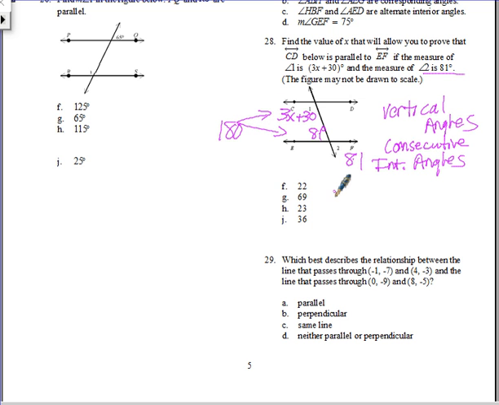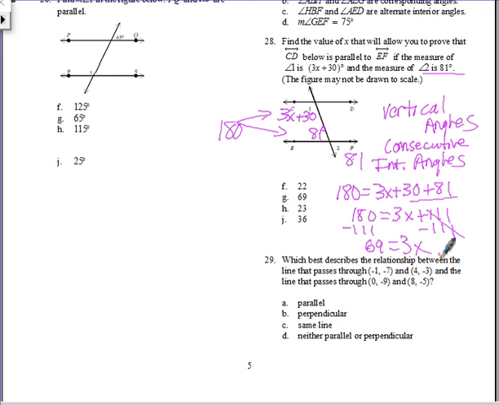So I have here 180 equals 3x plus 30 plus 81, combine like terms. So I have 180 equals 3x plus 111. Subtract 111 from both sides. So I have 69 equals 3x, and when you divide, then you know that it has to be 23.